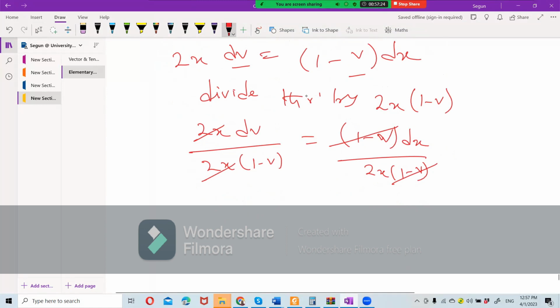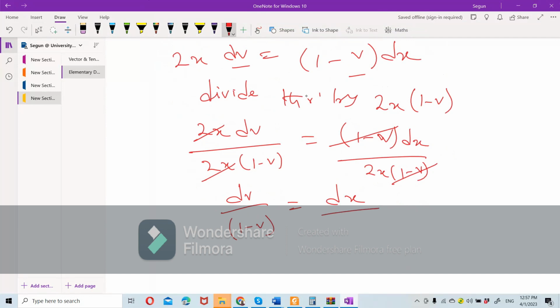So at the end of the day, you have dv over 1 minus v equals to dx over 2x. Any question? So I can go ahead and say, I want to integrate this.